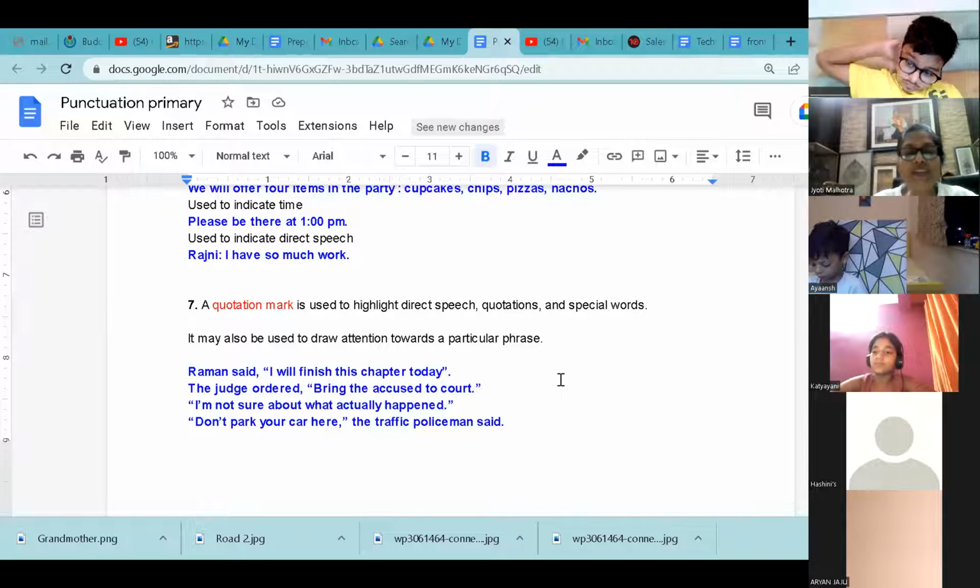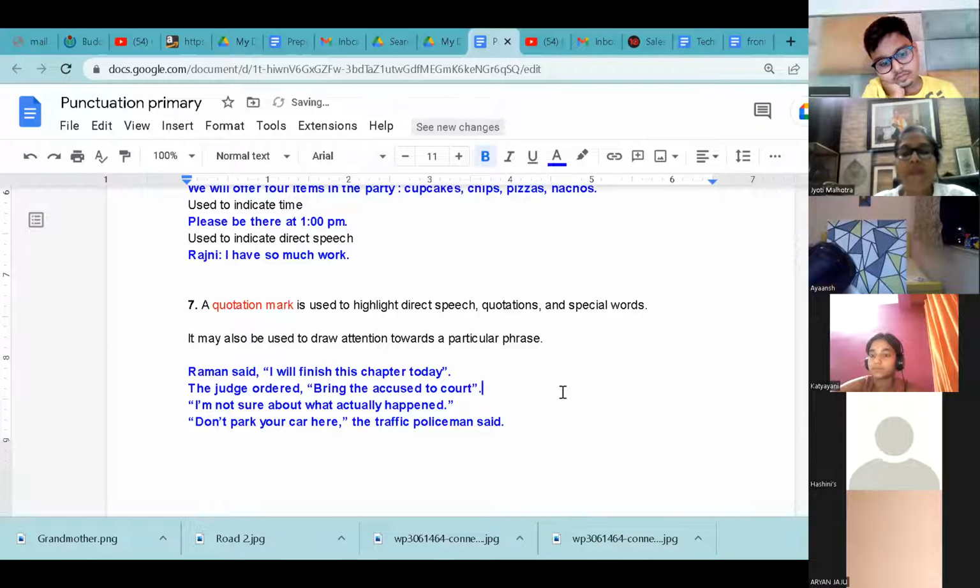Should it be like this, the way I have put it on the board, or should it be like this? What looks correct, Sai? It should be like this. So two people, Atharva and Sai, say that it should be like this. Katyayani, what do you think? It should be like this. Well, all of you are wrong. This is a wrong answer.